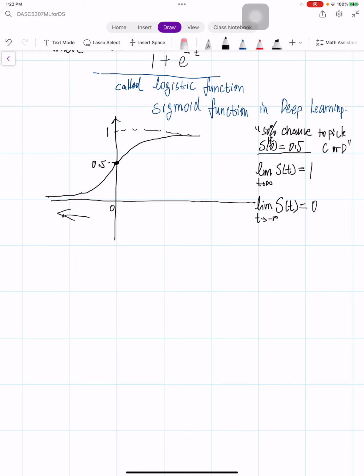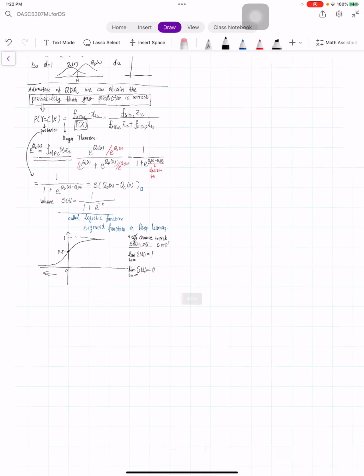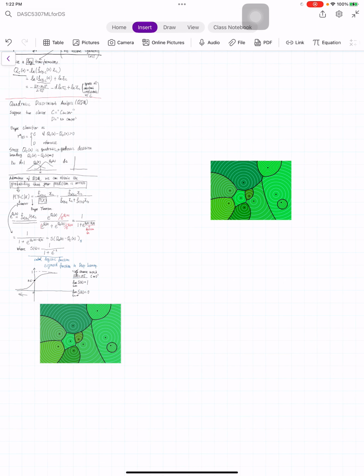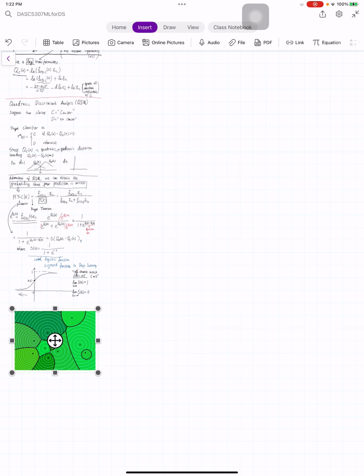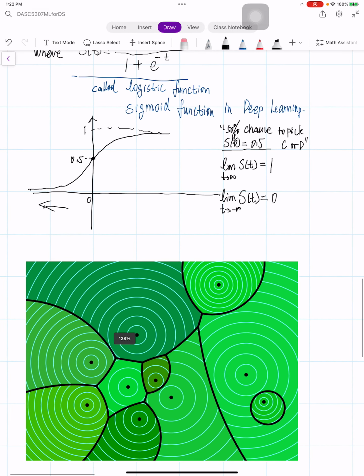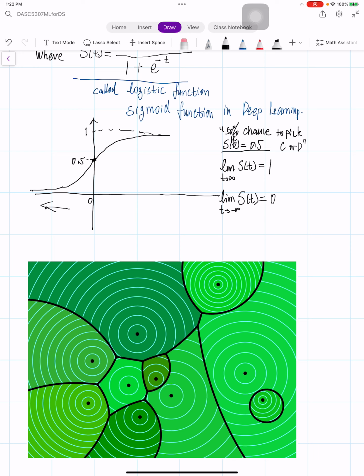Actually, this derivation works for the multi-dimensional, multi-class case too. So, for example, do you remember the first class to classify handwritten digits, 0, 1, up to 9, right?